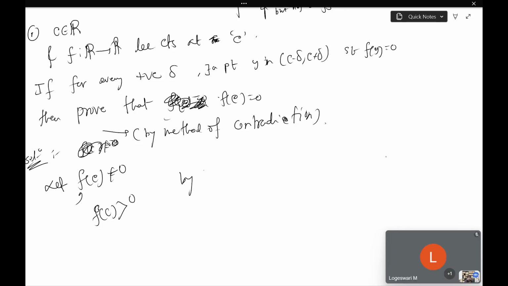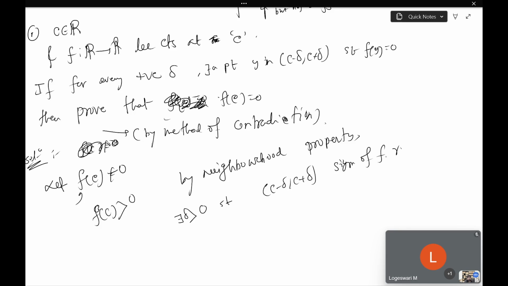So by the neighborhood property, we can find a delta such that in this neighborhood, c minus delta to c plus delta, the sign of f remains the same.